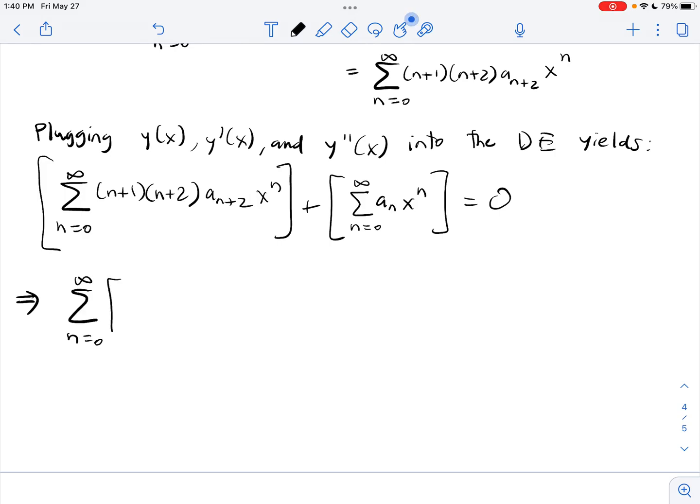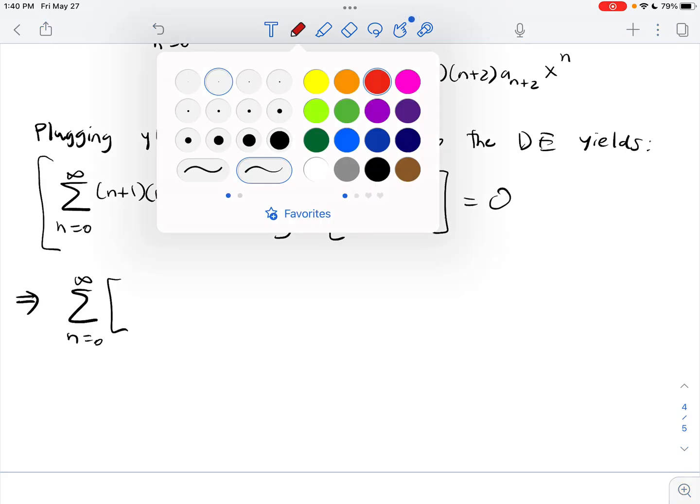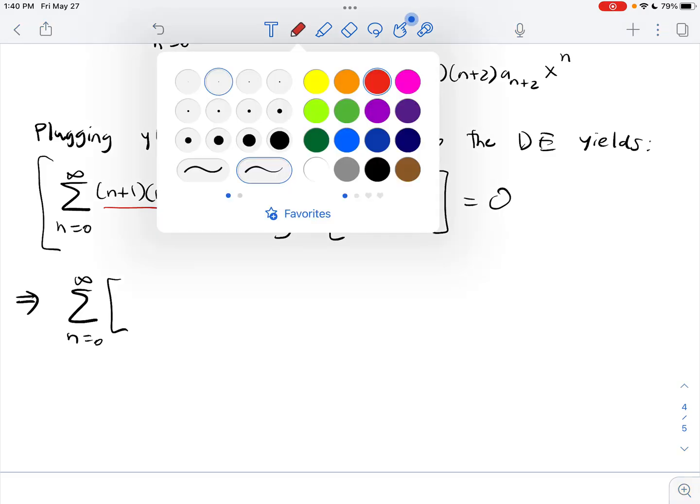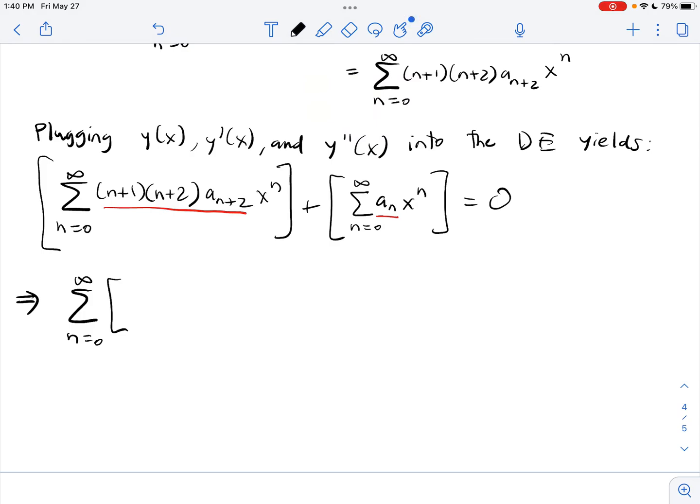I'm going to take this guy and this guy and combine them together into one series, that becomes my new coefficient. It looks like this. n plus 1 times n plus 2, a sub n plus 2 plus a sub n, x to the n is equal to 0.